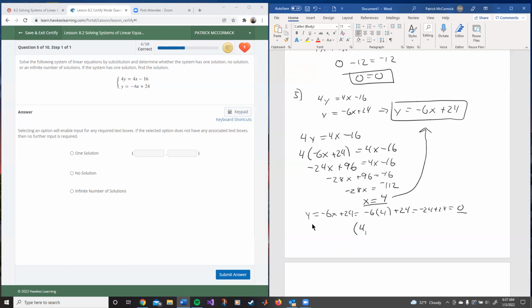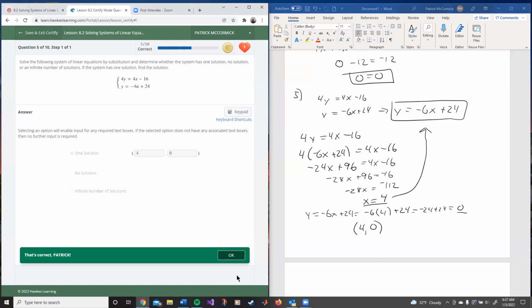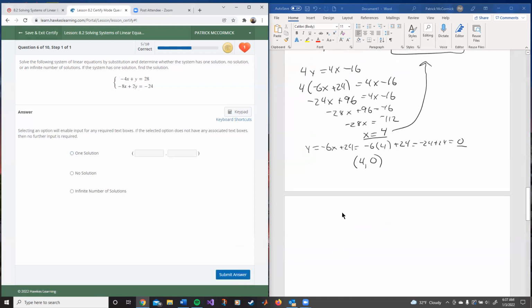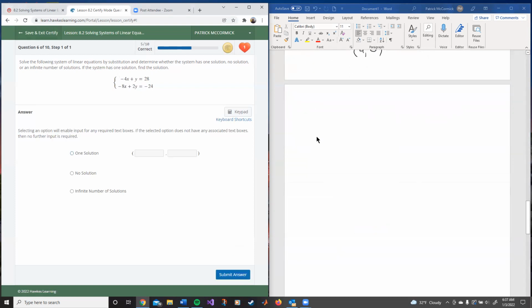So my coordinate point, my solution, is (4, 0). And there we go. Question 5 done. All right, let's keep on rolling. And as you work through these, if you have questions on any of the ones you're working on, please shoot me a message and we can work them out together.